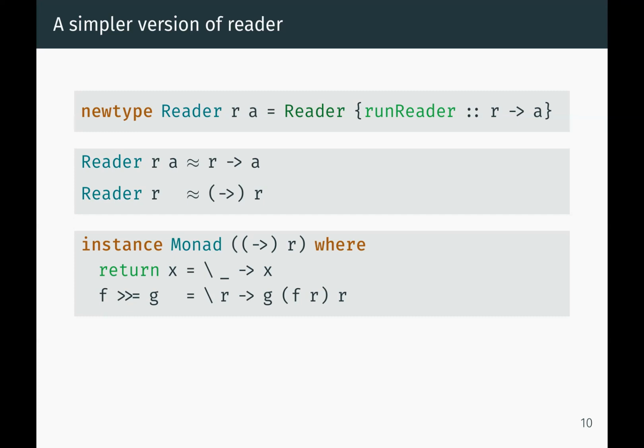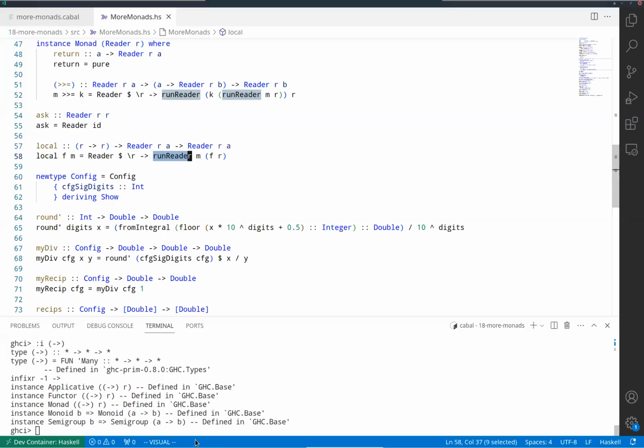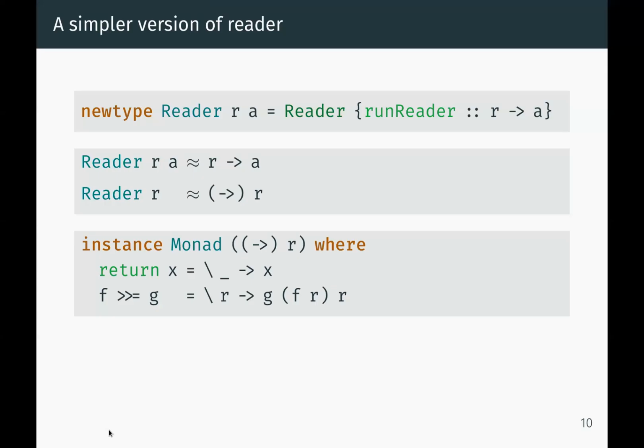So we can do exactly the same thing without this new type constructor, just using functions. A function that can use read-only state of type R, for a computation of A, is basically just a function from R to A. Okay, so that's already in the base libraries.